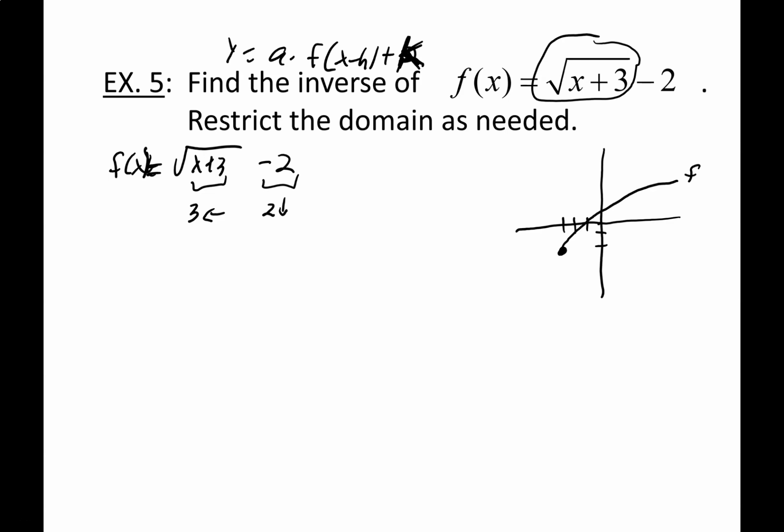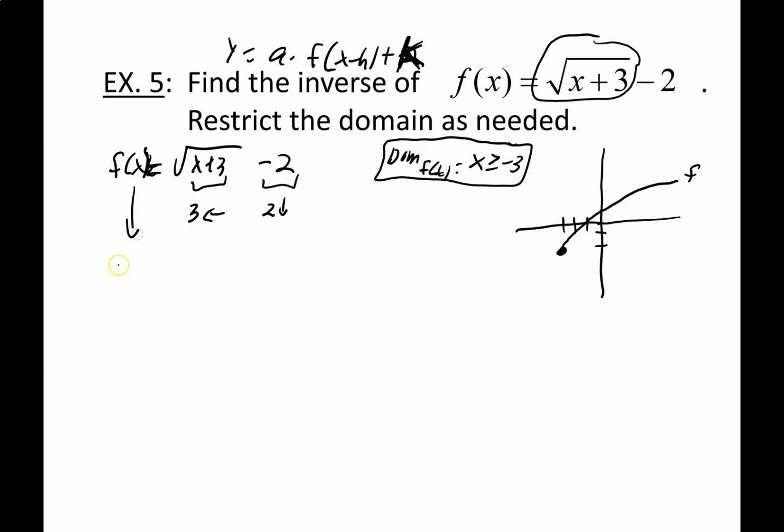Now we look at our domain. Is my function defined at all values? Well, no, it starts right here. There's really nothing going on back there. So it starts at -3 and goes onward, so x is greater than or equal to -3.